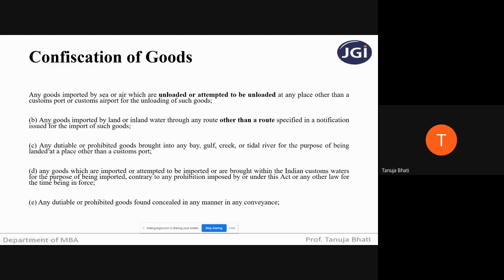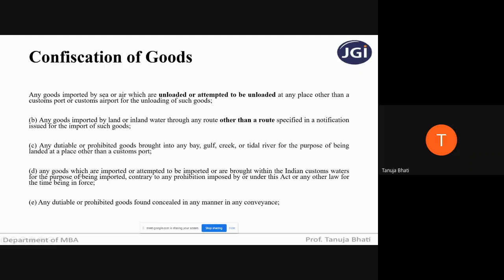Reason number 3, any dutiable or prohibited goods brought into any bay, gulf, creek, or tidal river for the purpose of being landed at a place other than a customs port, then his goods will be confiscated.